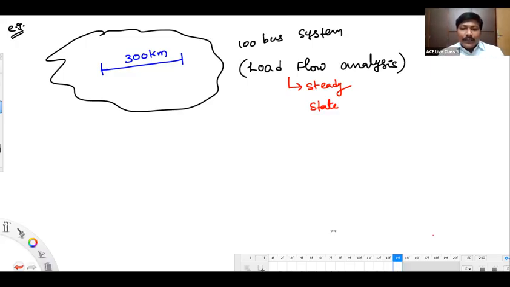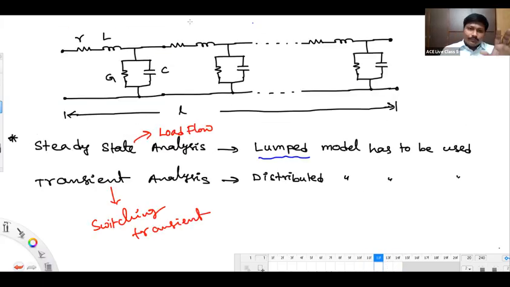We should not go for the RLC lumped model by sacrificing our accuracy. We should not miss our accuracy, and we should not miss the steady state concept either. For that purpose, listen please. First you represent the line in the distributed model like this.